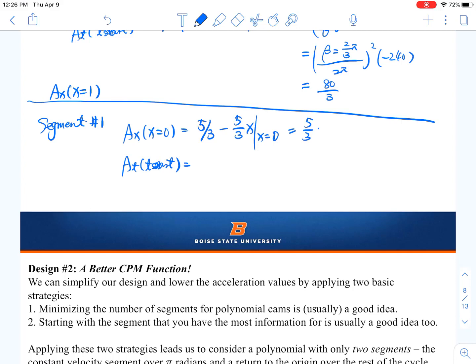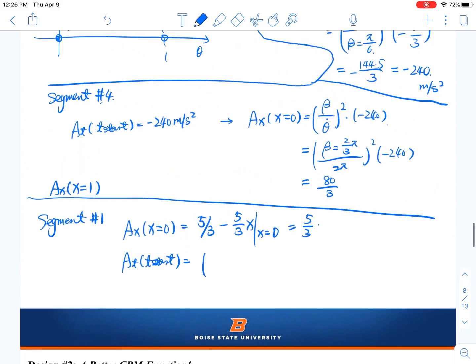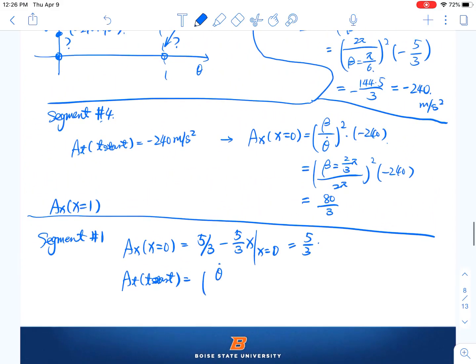And then here you're going to have theta dot over beta square times ax at x equal to 0. Your theta dot is 2 pi. And your beta here, because everything is in segment 1, your beta would be 6th pi. Okay? Square times 5/3.